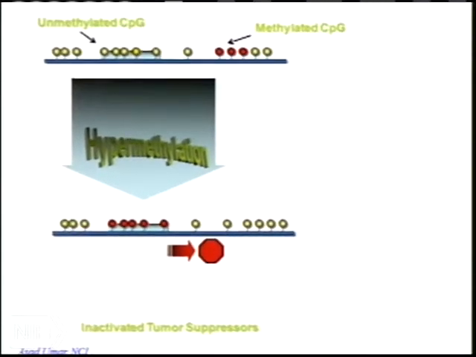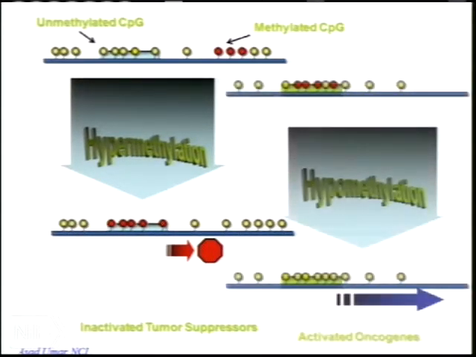Similarly, sometimes promoters are already methylated but undergo hypomethylation, so they lose the methyl group, and that has been observed in oncogenes. So both ways, methylation affects cancer development. As you know, tumor suppressor genes try to suppress tumors, while oncogenes try to increase them.